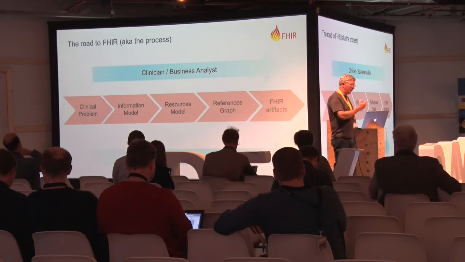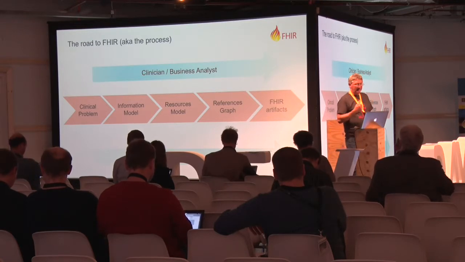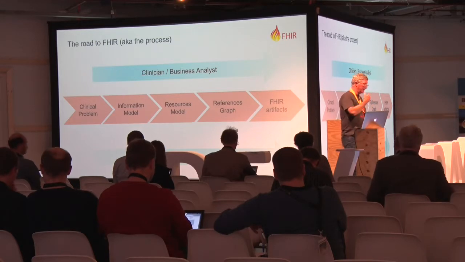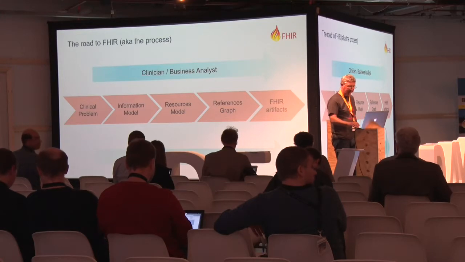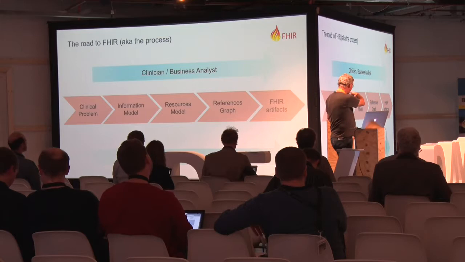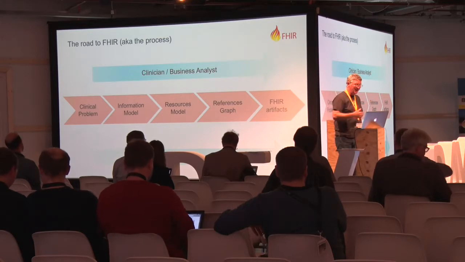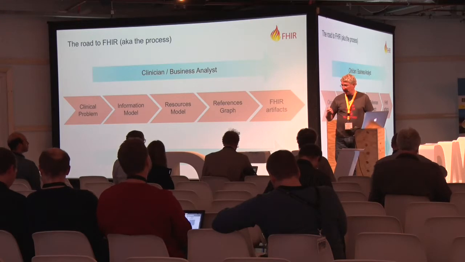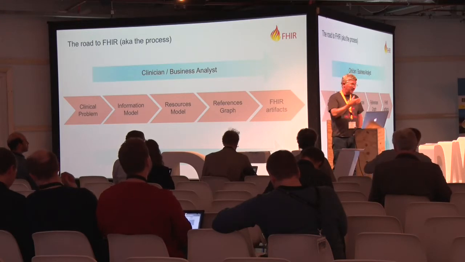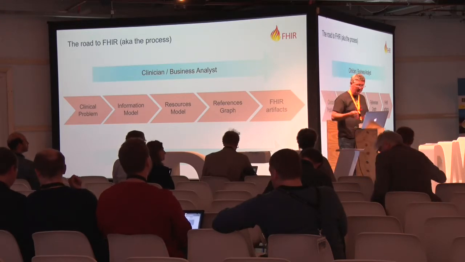They don't really need to be involved up front, but they do need to be involved as the process progresses and as we start to identify the resources and the other artifacts that we actually need. Now I gather that people at the back can't see the bottom parts of the slide, so I'll try and talk to what they actually are. Incidentally, if anyone has any questions at all during the talk, please ask and I'll attempt to answer them as best as I can.